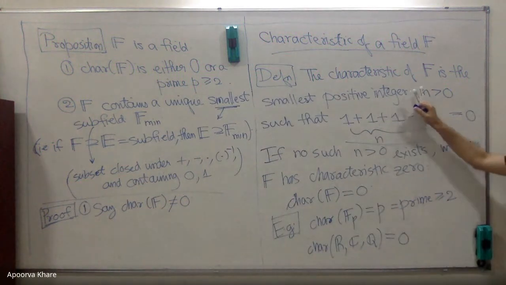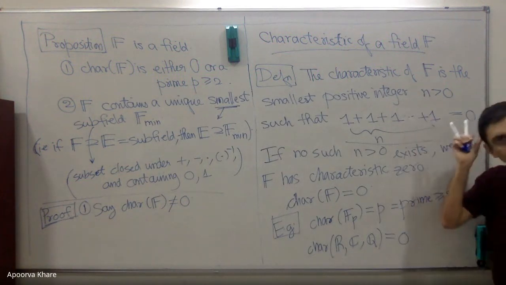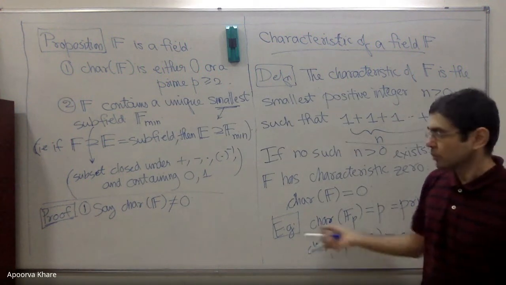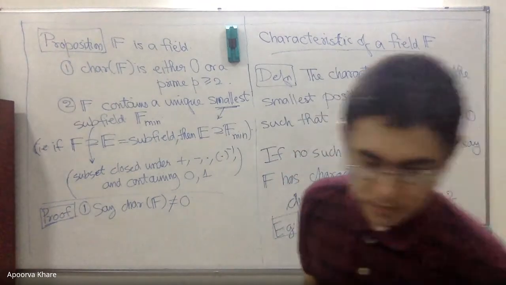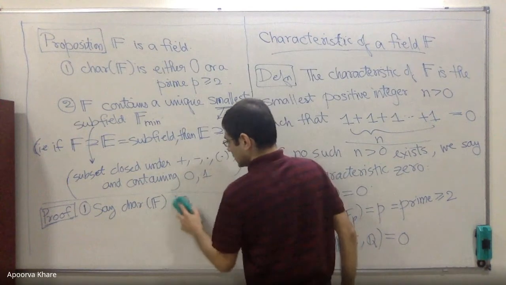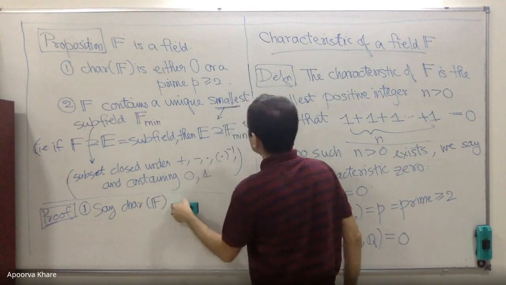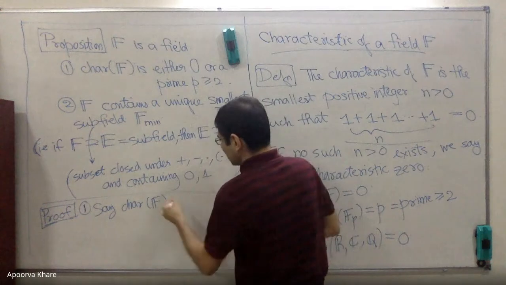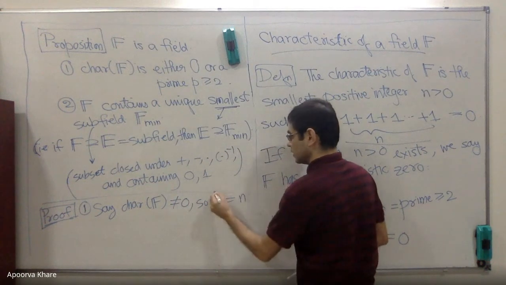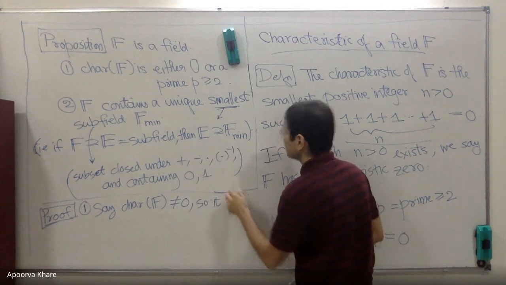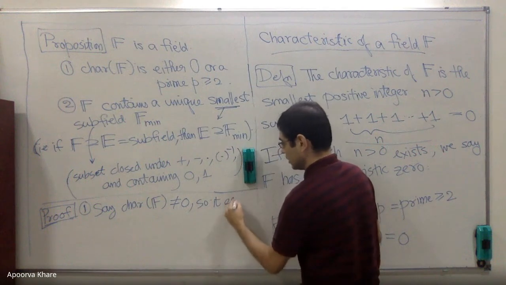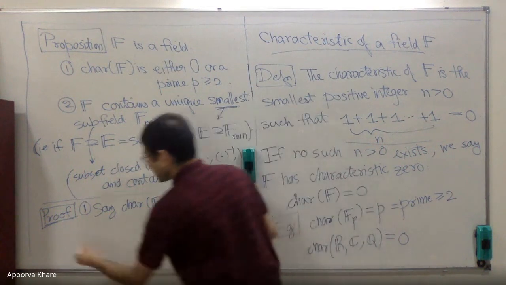Then there is at least one positive integer, and in particular a smallest one, such that 1 plus 1 plus 1 and so on is 0. Let's say it is non-zero. So it equals some n.